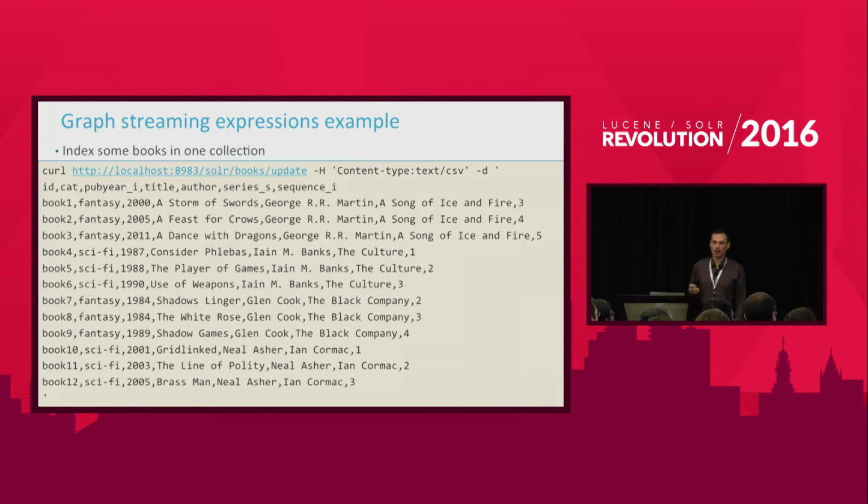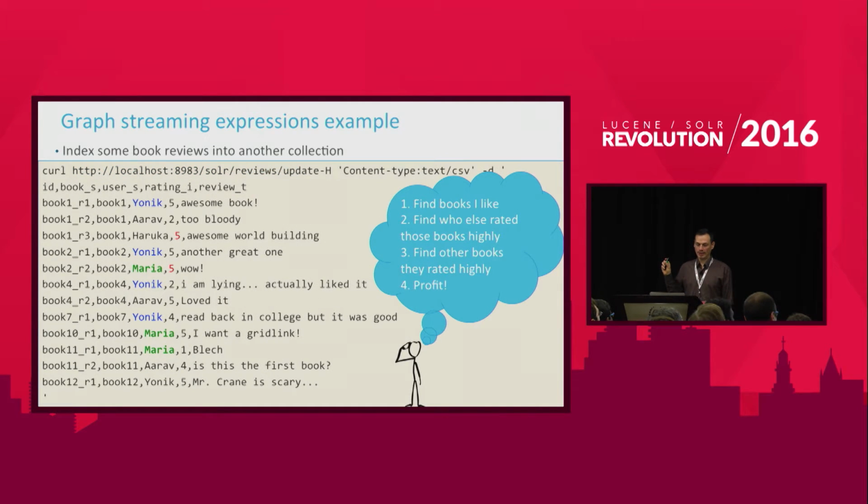So let's look at a more complex example. First, let's index a bunch of books in CSV format. And then let's index a bunch of book reviews into a different collection in CSV format. Then I have this great idea of how to build a recommender with graph.